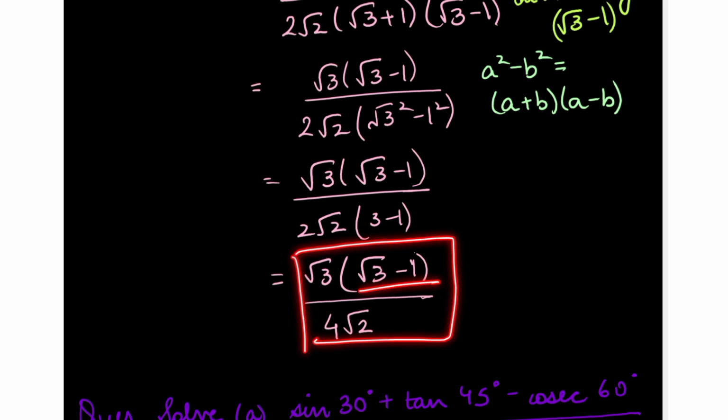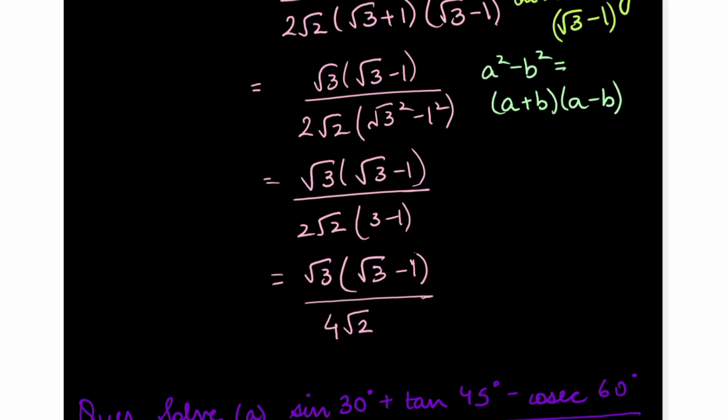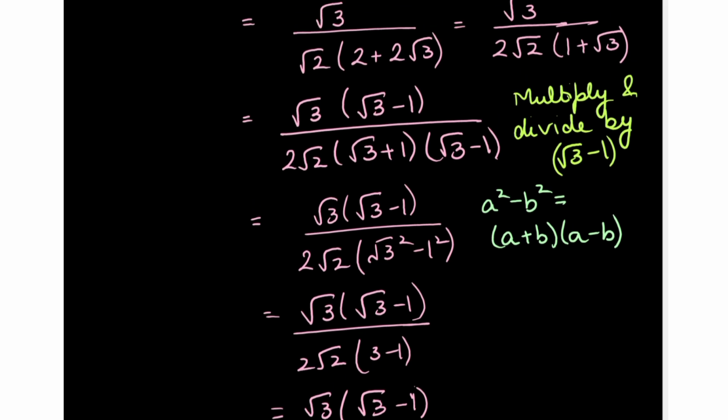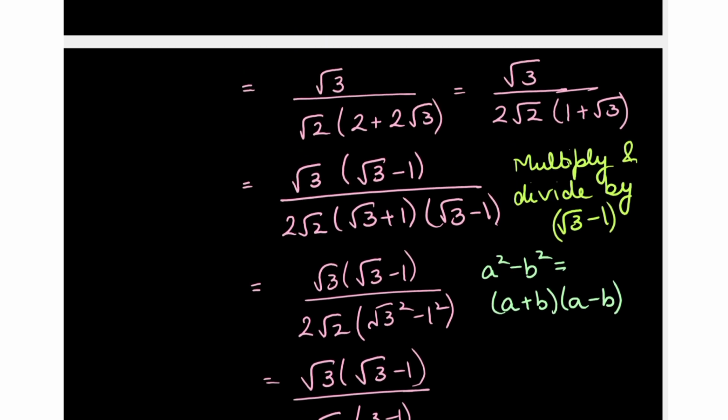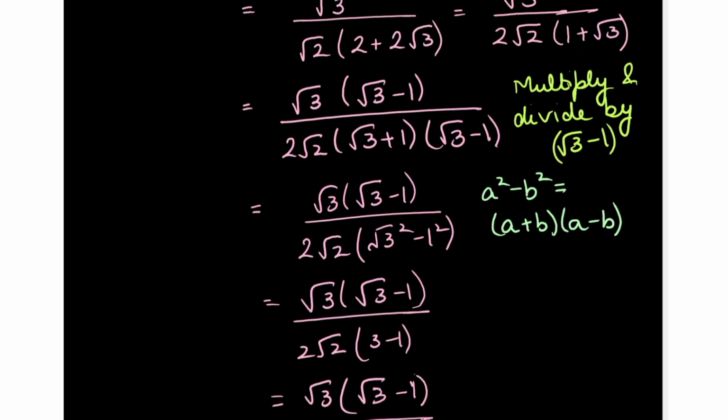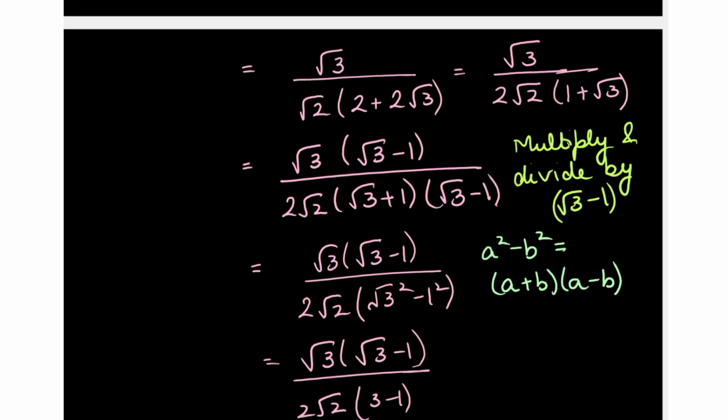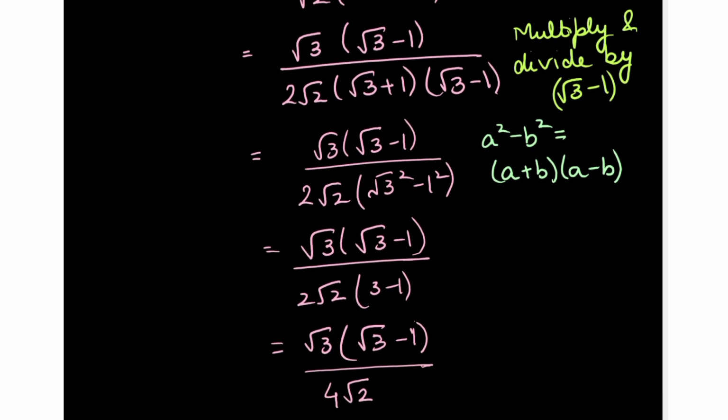root 3 into (root 3 minus 1) divided by 4 root 2. Now here we can leave the answer up to here also, but what I have done is, this is 1 plus root 3. I have rationalized it by multiplying and dividing by root 3 minus 1 and using the identity a square minus b square is equal to (a plus b) into (a minus b).